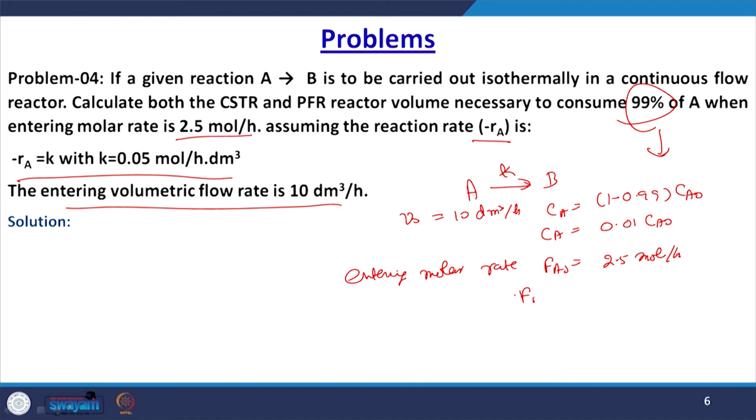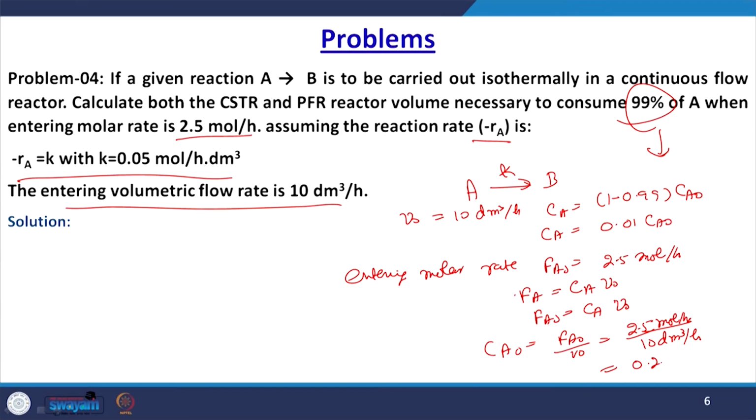Now Fa is equal to Ca V naught and Fa naught is equal to Ca naught V naught, so we can write Ca naught is equal to Fa naught upon V naught, that is 2.5 mole per hour divided by 10 decimeter cube per hour, and that comes out to be 0.25 mole per decimeter cube.